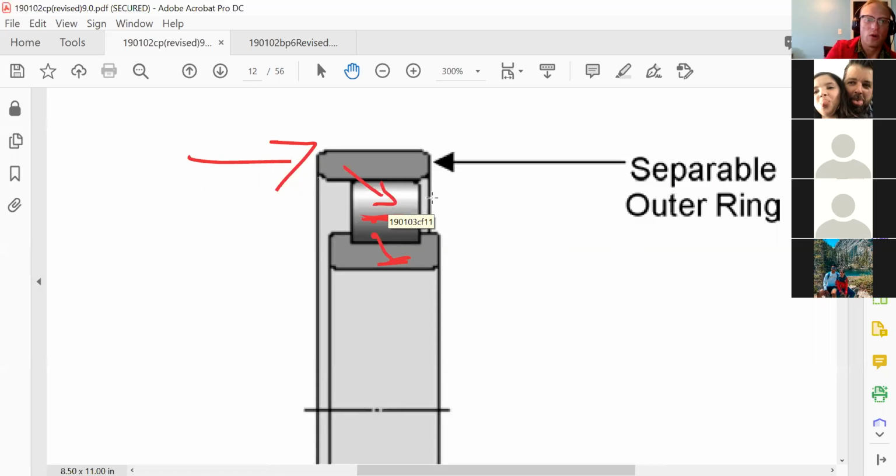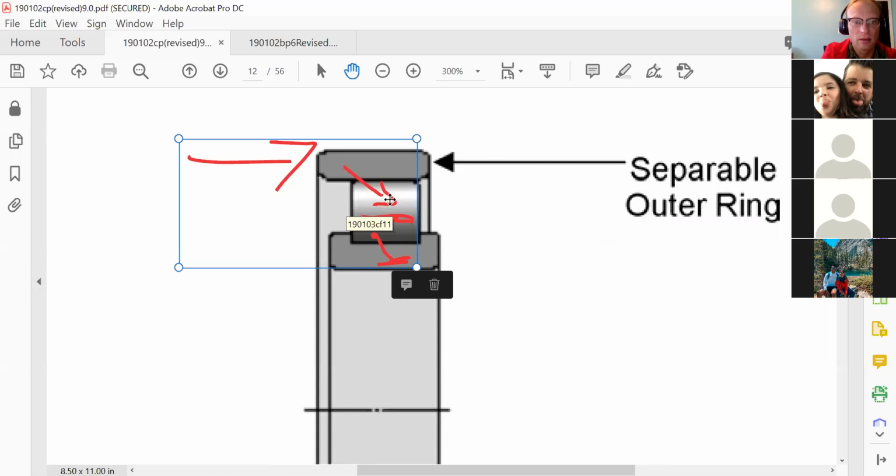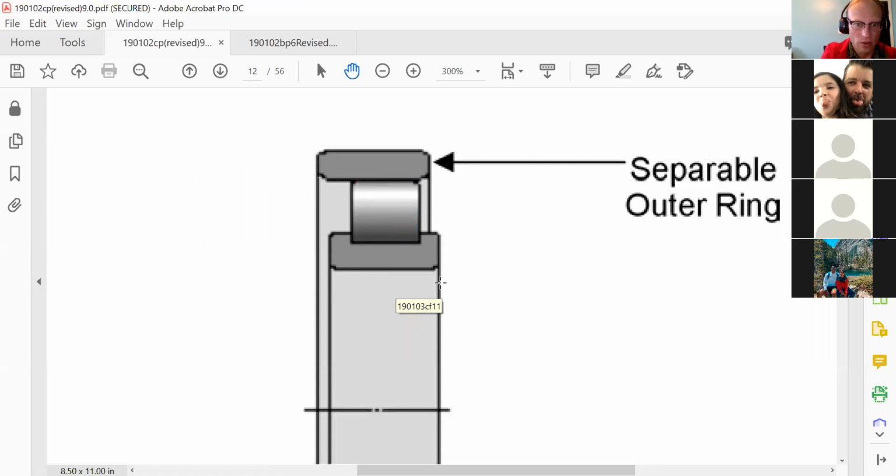So this bearing would only be able to do it with an axial load. The load would come in here, transfer force through this race into the roller, into the race, and then onto the axle.